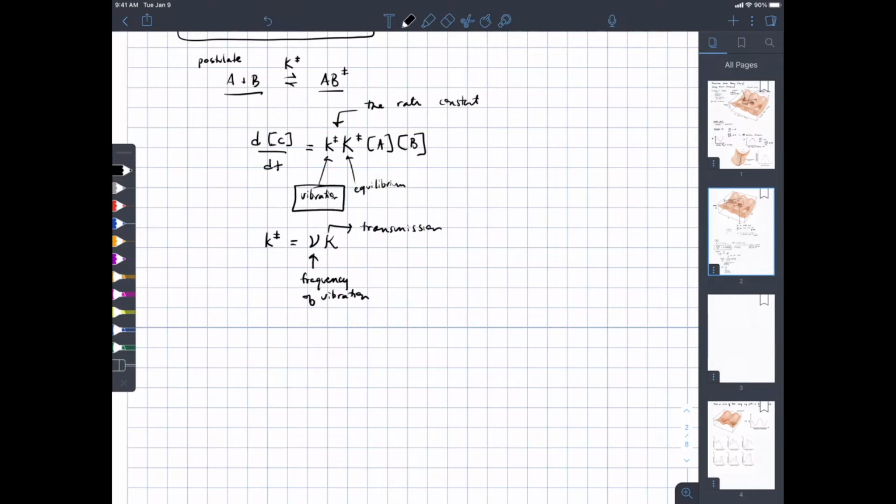This can have values from 0 to 1, and it relates to the fact that not every time we get to the activated complex do we go on to product.